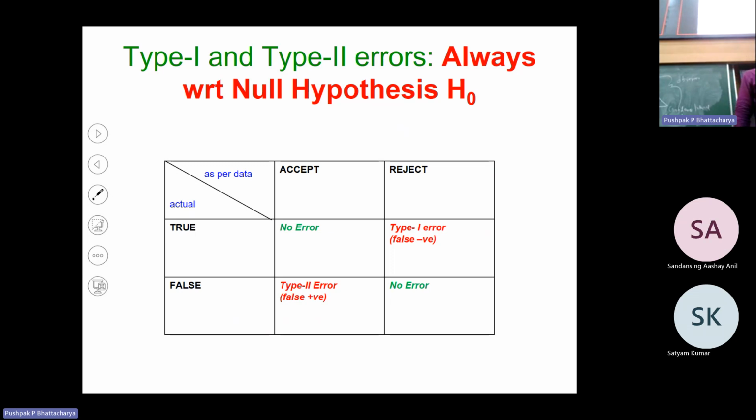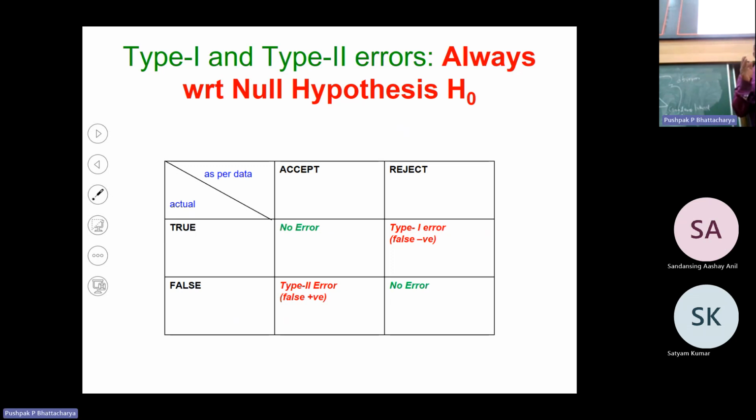So as per the data, we have accept and reject options. Actually, true and false. Then as per the data, accept, and actually the hypothesis is also true, then there is no error. So the first quadrant, there is no error.